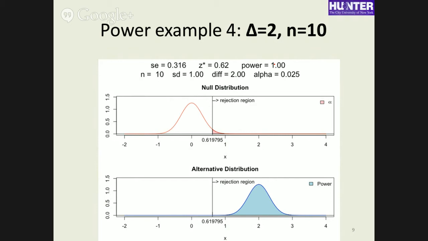It's saying this is a difference that is probably so obvious that you only need n equals 10 to detect it. If you collected n equals 100, you'd probably be wasting resources. You might even be able to go with fewer than n equals 10.